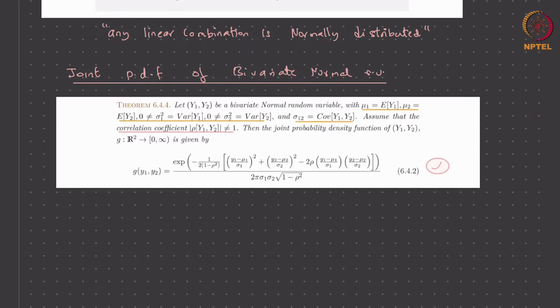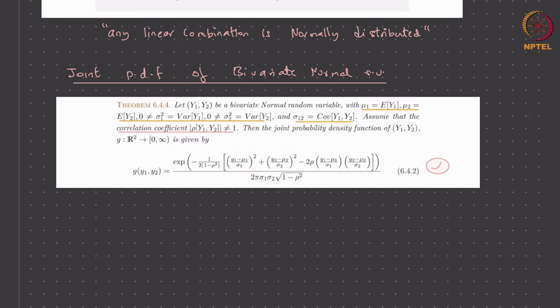If you stare at the density a little bit, the first term looks like a normal with mean mu1 and variance sigma 1 squared, and the second term looks like the same thing for a normal random variable with mean mu2 and variance sigma 2 squared. And this kind of represents how they're dependent in some sense. If they're independent, then rho is 0 and you only get these two factors, which is what you expect.